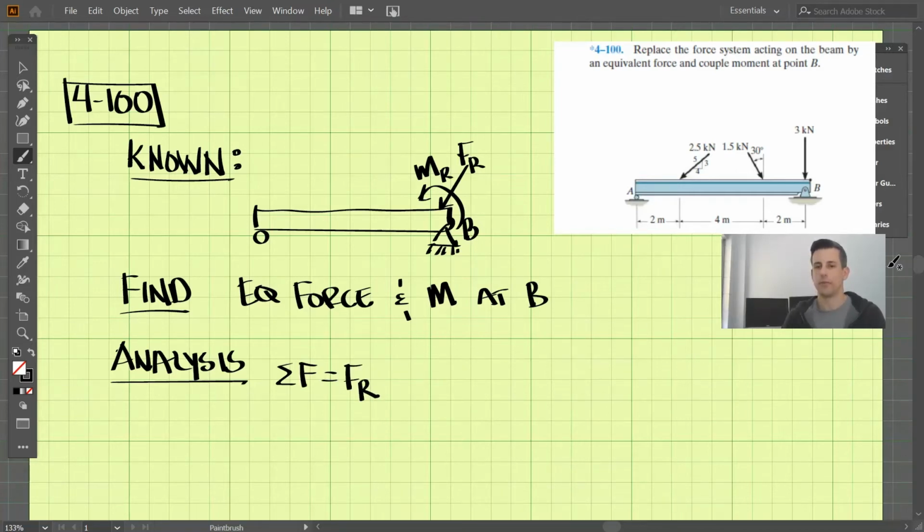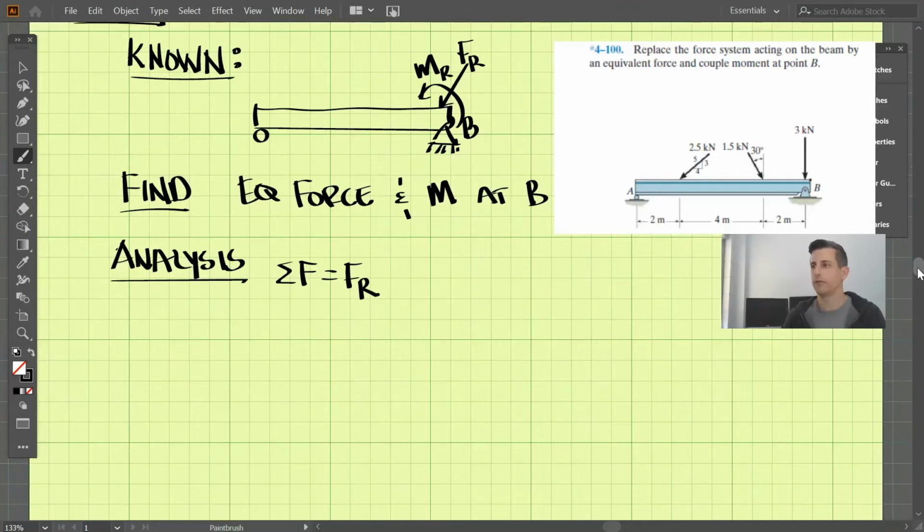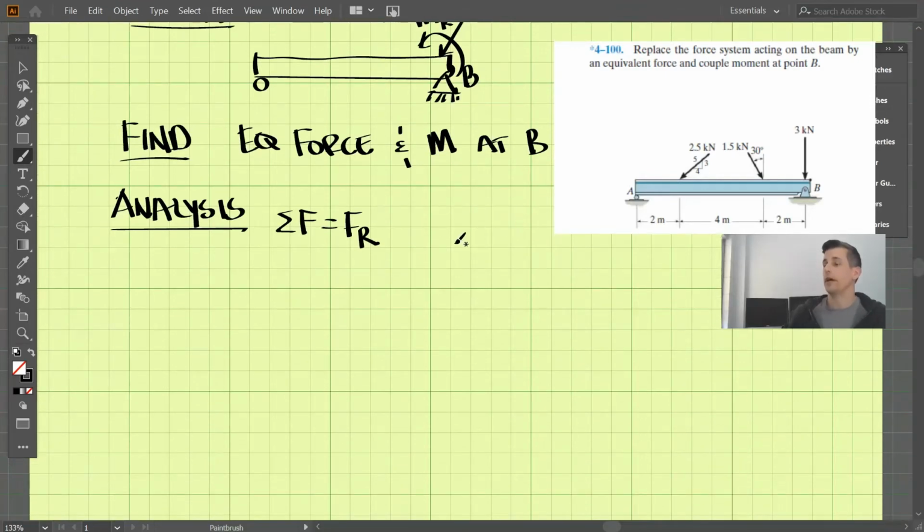In our case, we probably need to break this down into x and y components. So let's start with the x component equals the resultant force in the x direction. We're calling x positive to the right and y positive up.